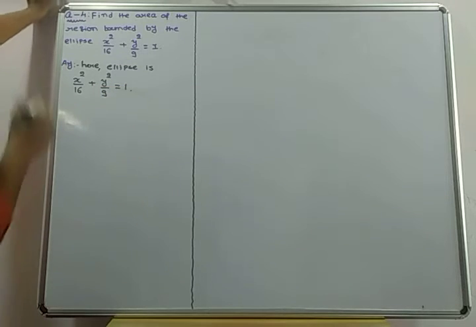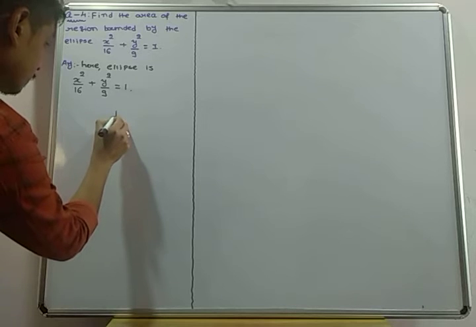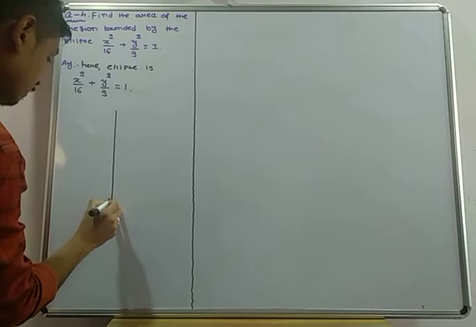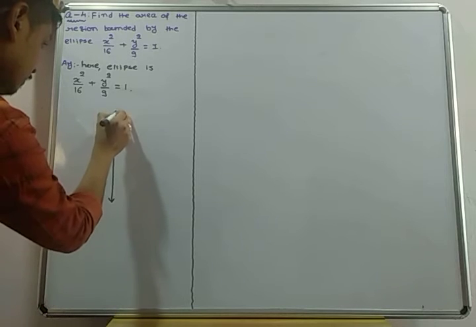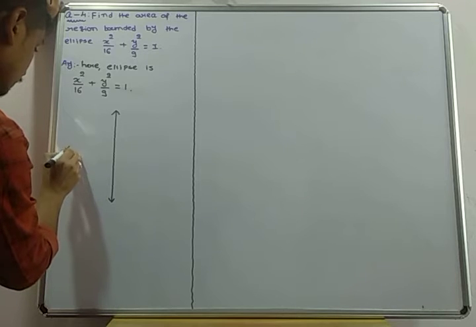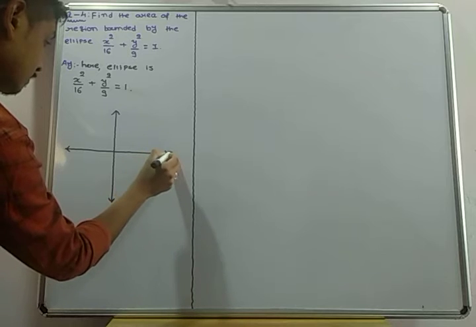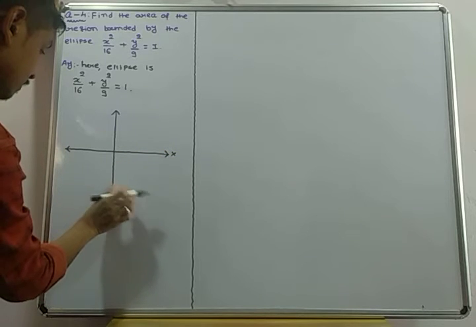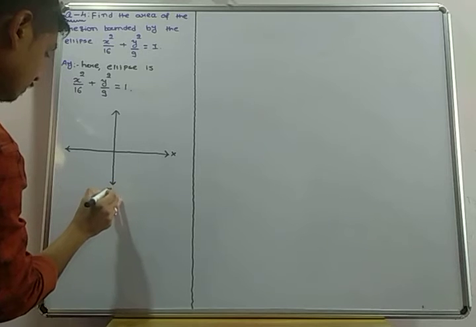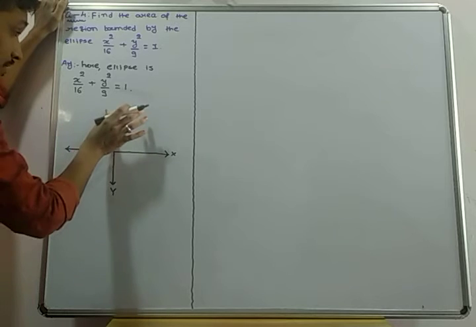Okay, so now making the diagram. Horizontal. The ellipse is horizontal.